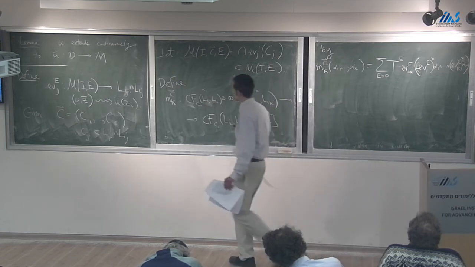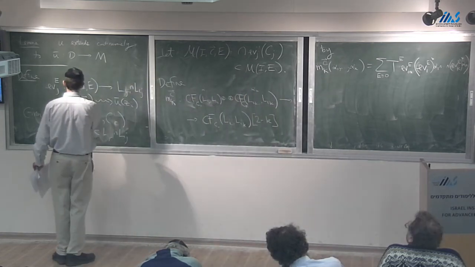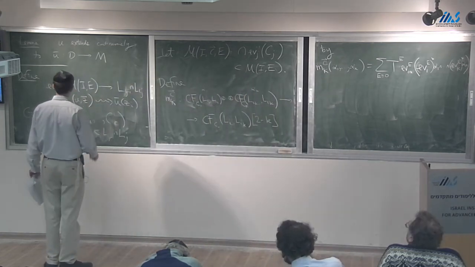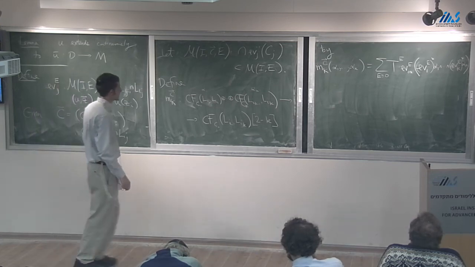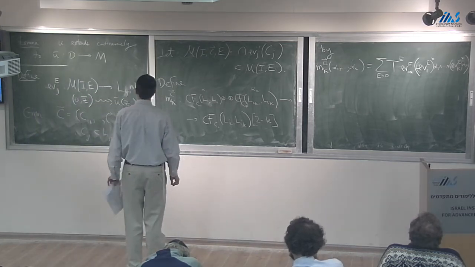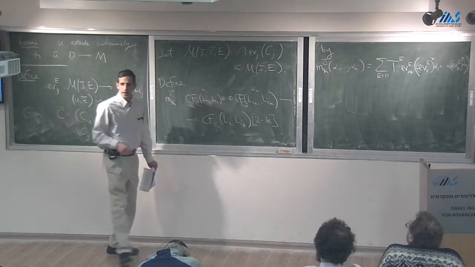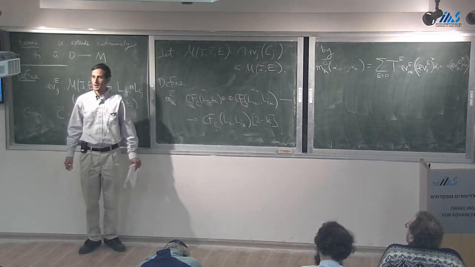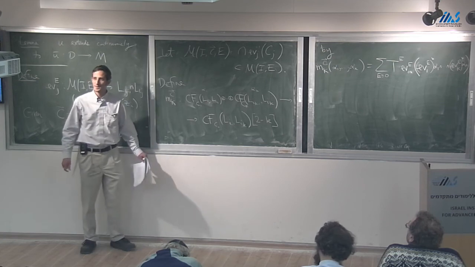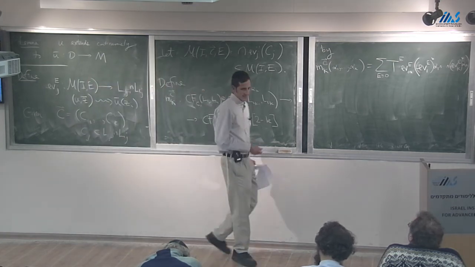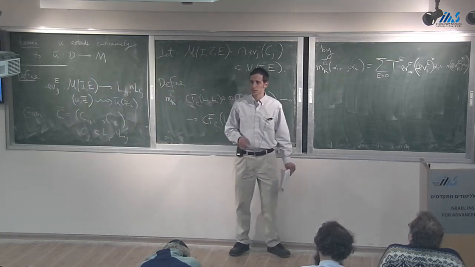That, sum over E greater than or equal to 0. Oh, I forgot to say what stability means. It's the same thing as in Devesh's talk, but much, much worse.